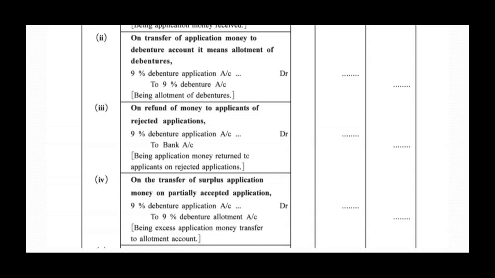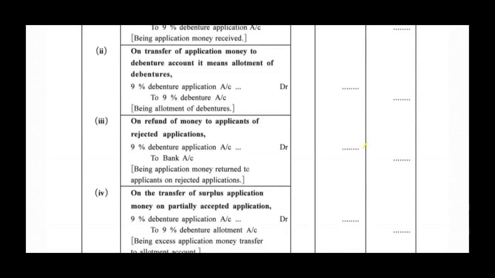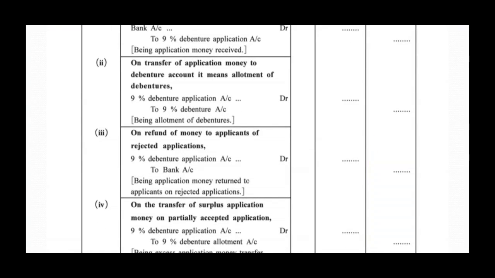This 9% debenture allotment account is for the surplus application money on partially accepted applications. So either you pass entries 2, 3, 4 according to the need of the sum, or instead a combined entry can be passed: debenture application account debit to debenture account, to bank account, to debenture allotment account.